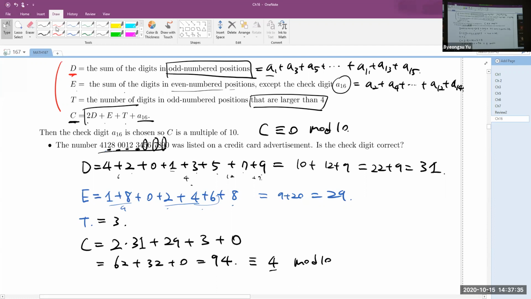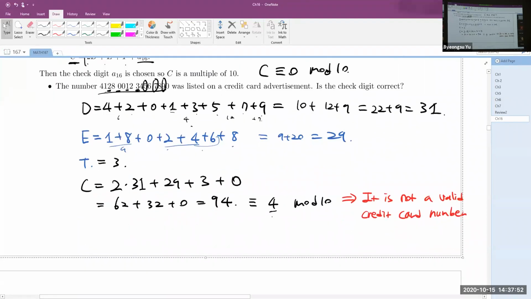So from this, it is not a valid credit card number, because at this point, by adding those numbers, what you can get is 4 instead of 0, right?